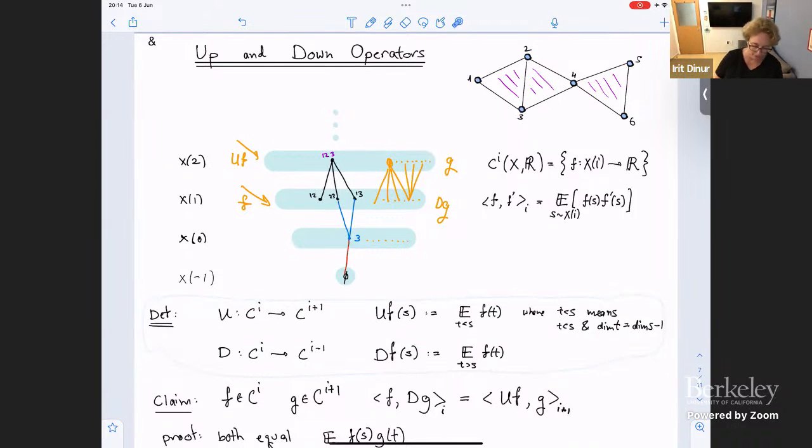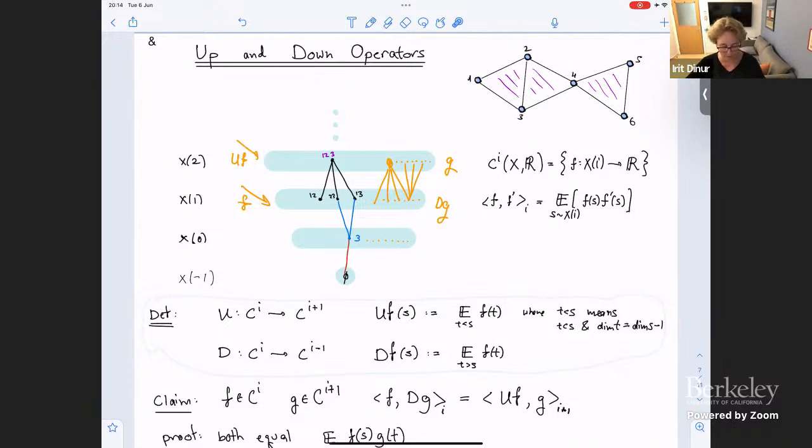Okay, now we come to the definition of the up and down operators. It's a very natural definition. The up operator takes me from i-chains, so functions on the i-faces, to functions on the i+1 faces. So it moves me one dimension up. And how is it defined? It's actually defined by looking down.